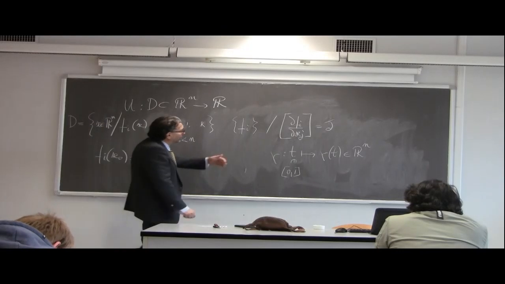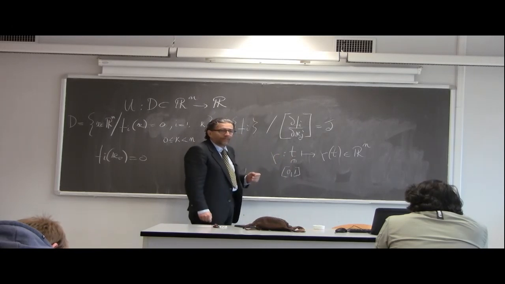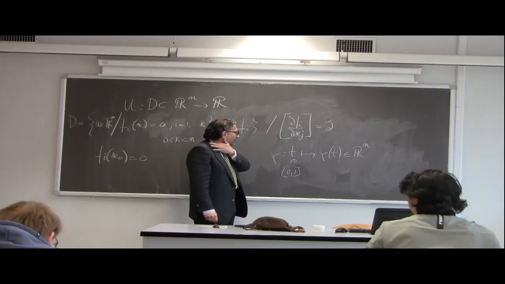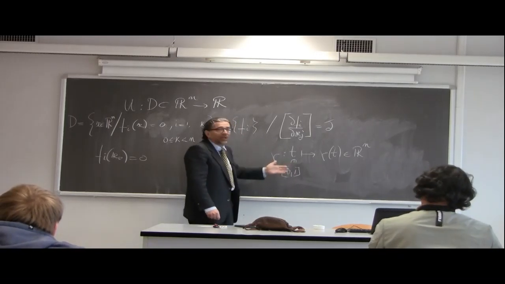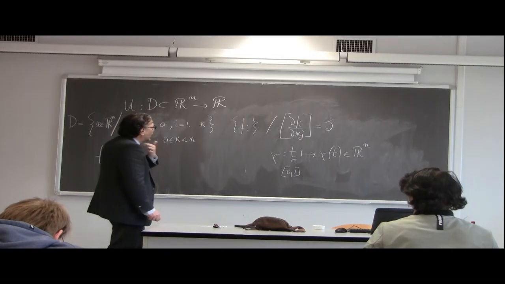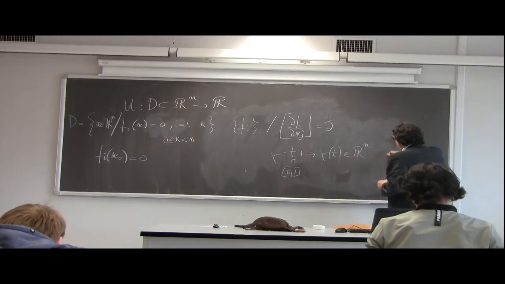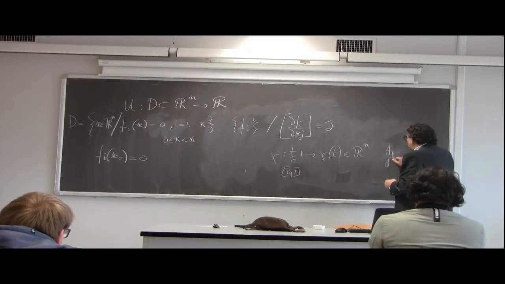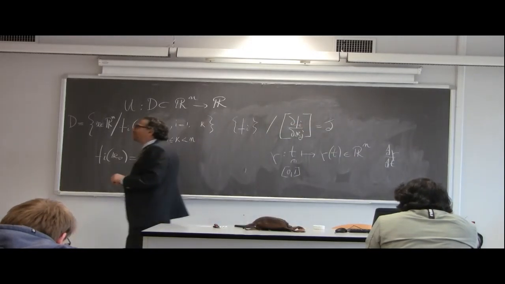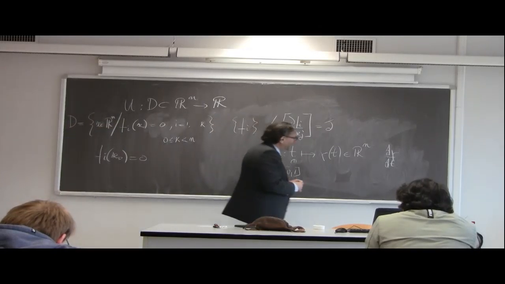And this is a parametric representation of your curve. And you can consider C1 curves, so curves such that the derivative d gamma over dt exists everywhere. And d gamma over dt is the tangent vector to the curve.